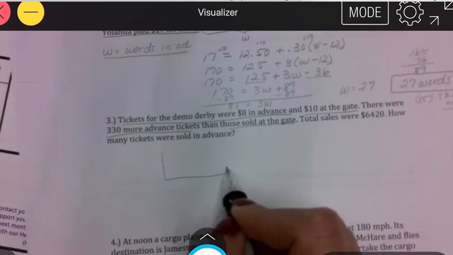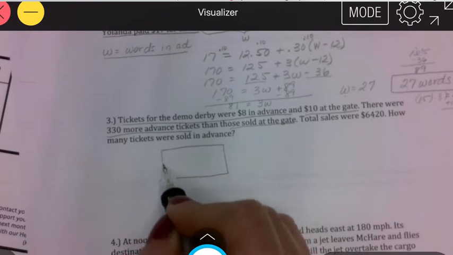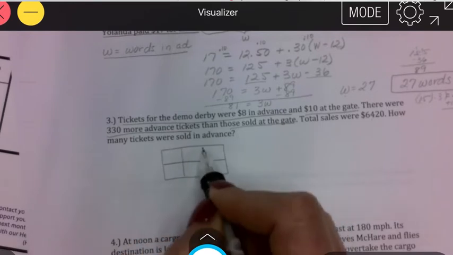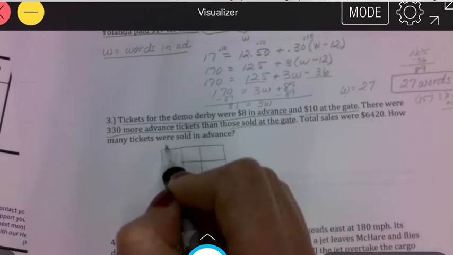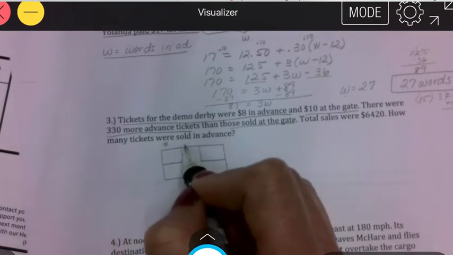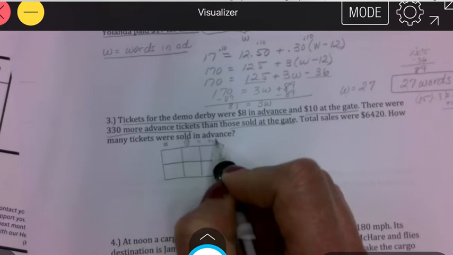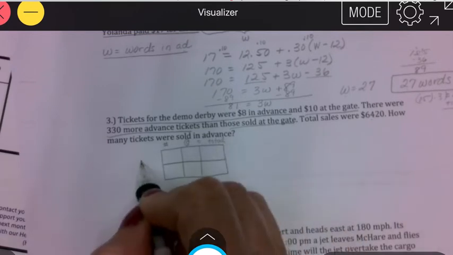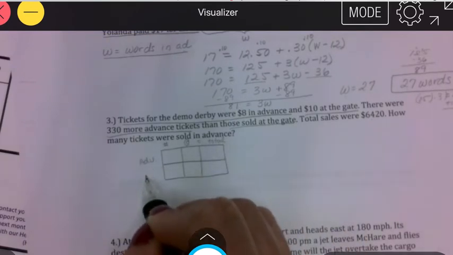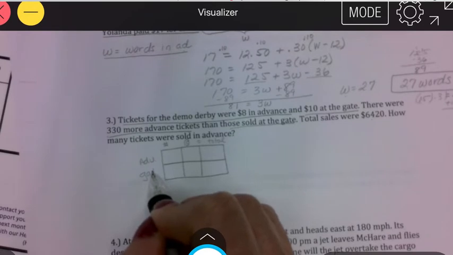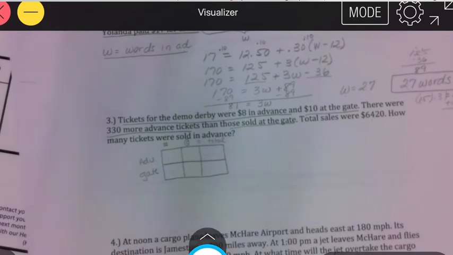If we go through and just create a little chart, we have the number times the price each is going to be equal to our total. So if we have advance tickets and gate tickets, we can create this little chart to help us create an equation.